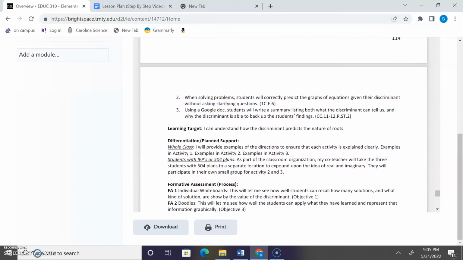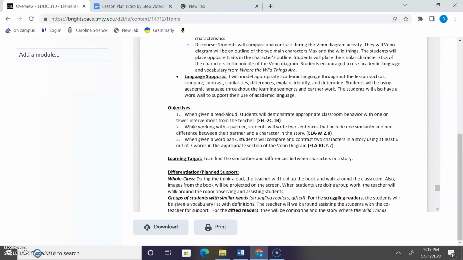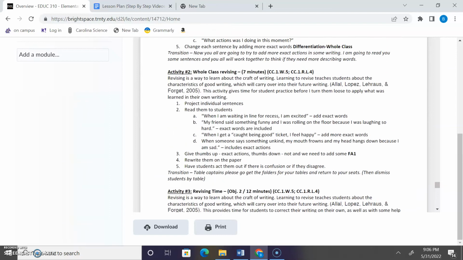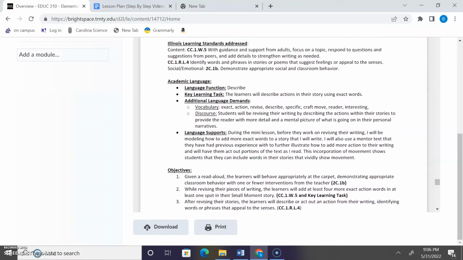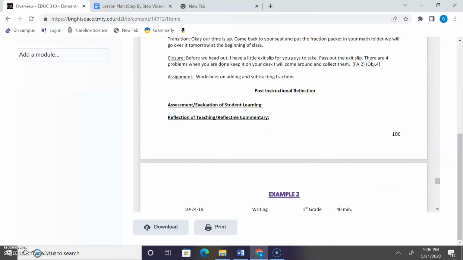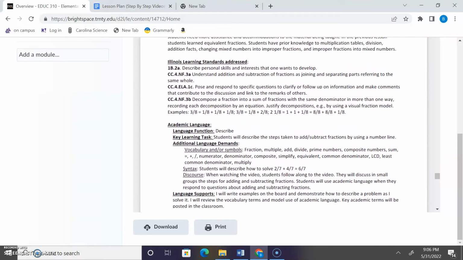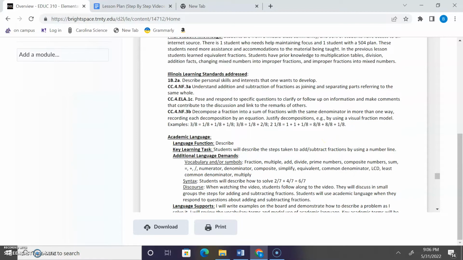So a good example of syntax, I wanted to do specifically syntax. So right here, syntax, students will describe how to solve 2 sevenths plus 4 sevenths equals 6 sevenths.